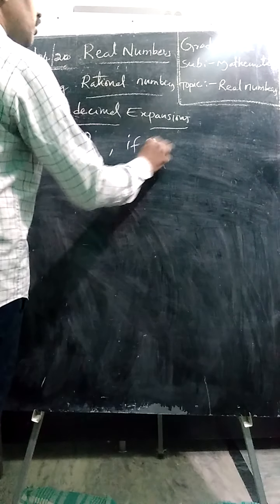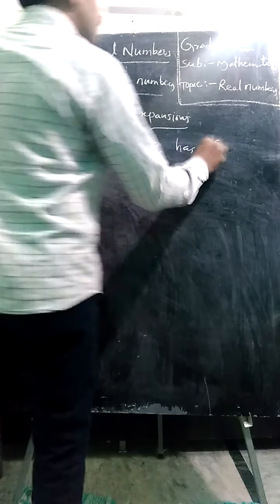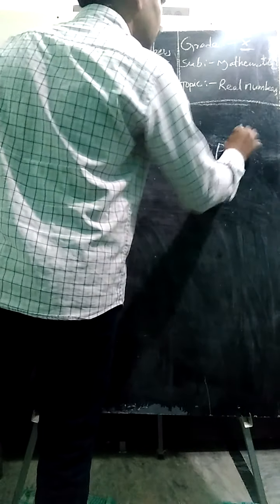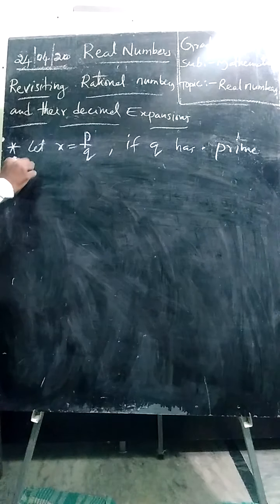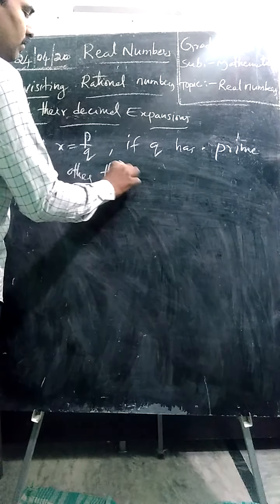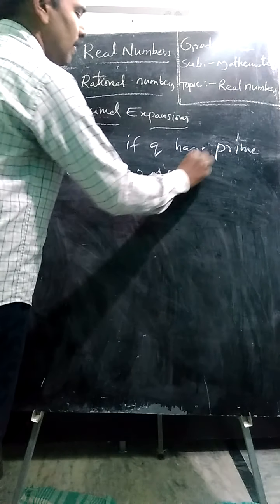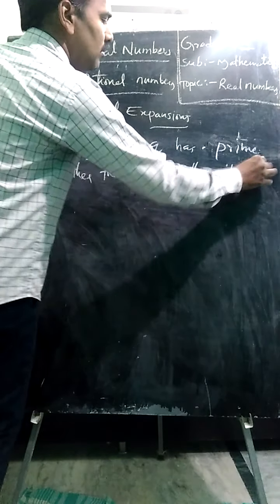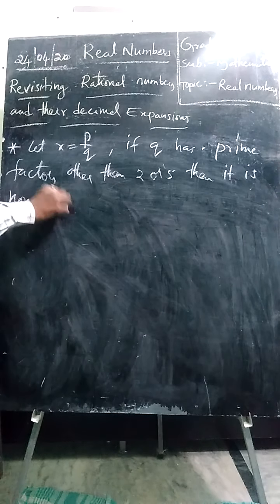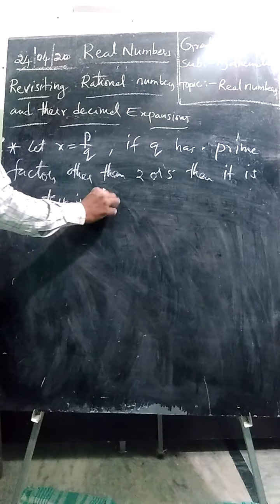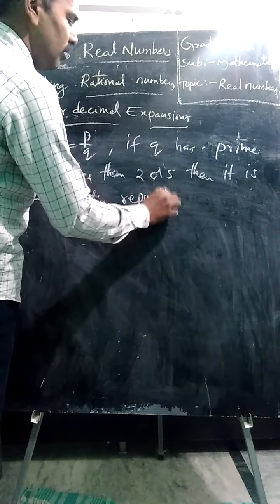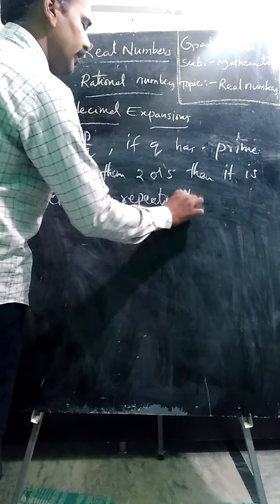If q has prime factors other than 2 or 5, then it is a non-terminating repeating decimal, because a rational number has only two forms, terminating or repeating decimals.